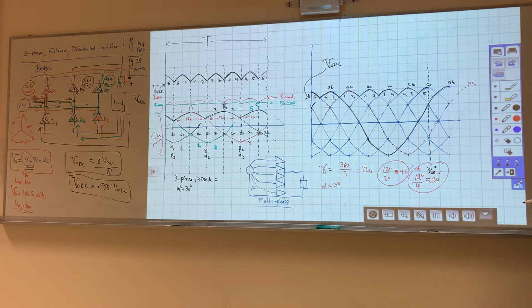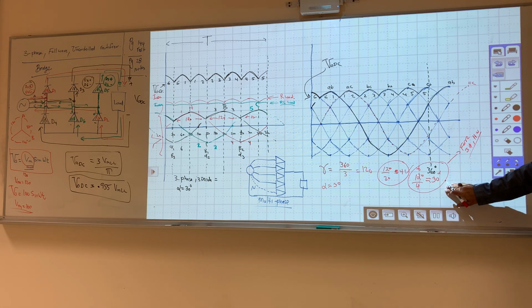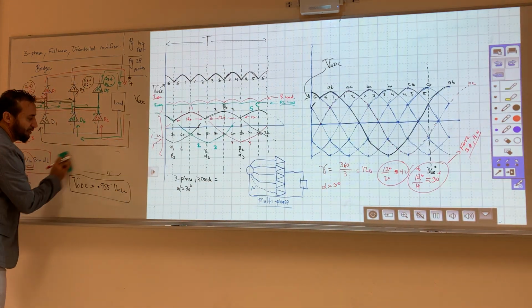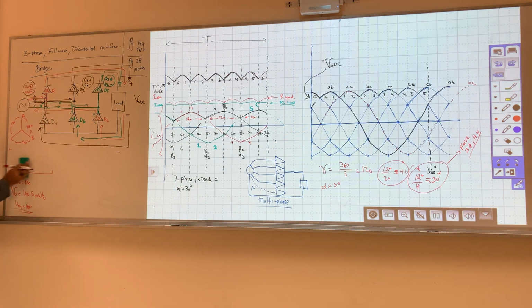So now, this is for 3-phase half wave. Now, with this reference, I can find anything. Let me erase this, and I will leave the rest, but I will work right here.